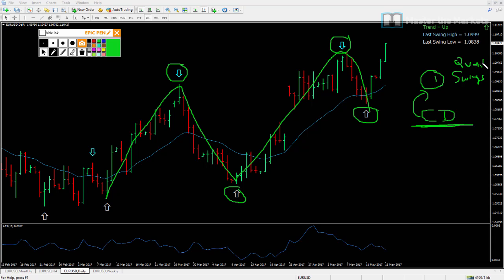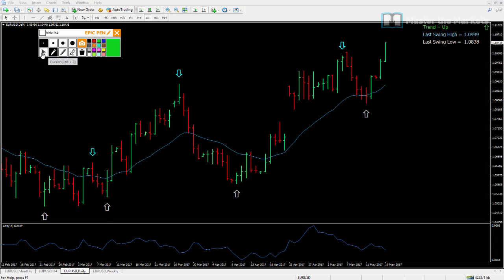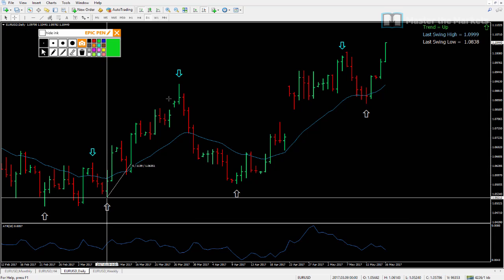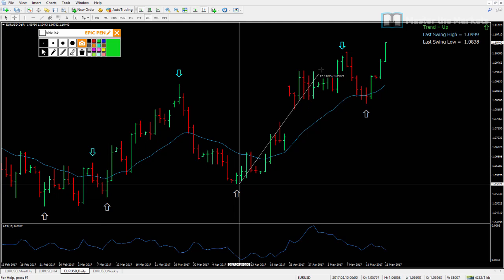Now the next thing you need to measure, in an uptrend like this with higher highs and higher lows, is from the high to the low. That's your cycle depth basically. If I measure that in this cycle depth over here, it's 384 pips. This cycle depth over here is 438 pips.